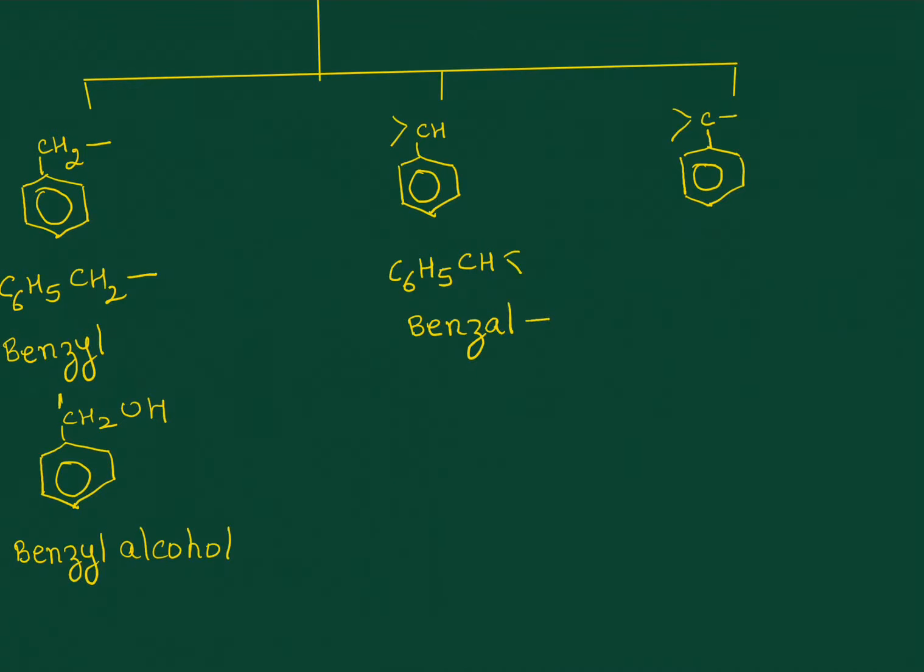For example, because there are 2 valencies which are free in this, I will have CH double bond O, which is simply written as CHO. In other words, this compound is benzaldehyde and has been accepted as the IUPAC name of this compound. Look at this, benzyl, and there is an aldehyde group over here, so benzaldehyde, right?